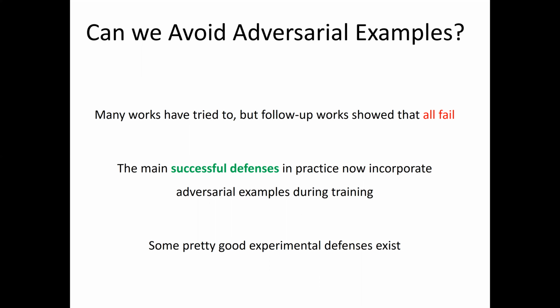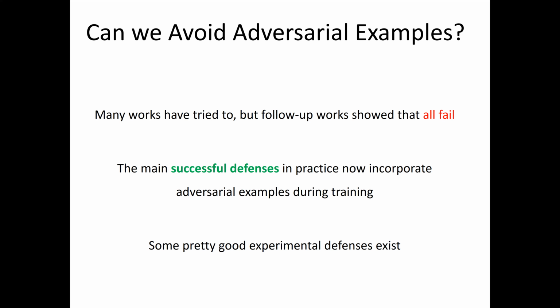Now, some of the more experimentally successful defenses, however, tend to work in practice by incorporating adversarial examples during training. So they not just train on the standard labeled training dataset, but they also include newly generated adversarial examples in that process, on more data, if you like.